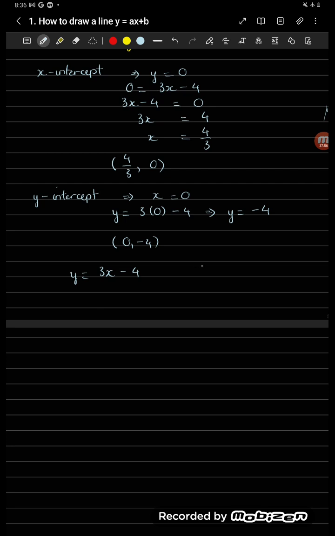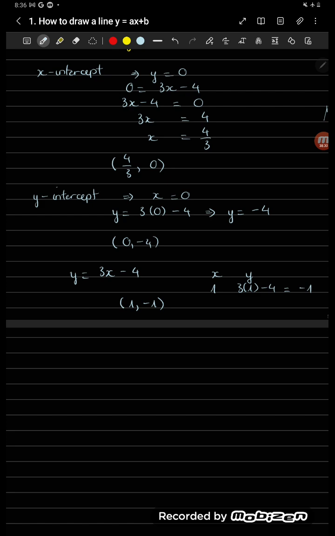So let's say I choose x equal to 1, and then I will have y equal to 3 times 1 subtract 4, which equals -1, right? So now the coordinates x and y are both whole numbers. So we just take this point. So the second point is 1, -1, right?